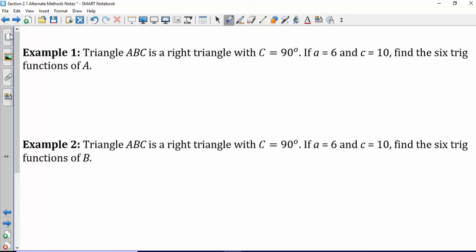Let's look at the problem. So we have triangle ABC. It's a right triangle with angle C equal to 90 degrees. So let's draw the picture. So C is our right angle.